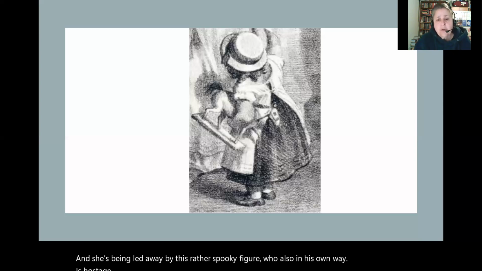And she's being led away by this rather spooky figure, who also, in his own way, is a hostage to labour relations of the time. And everything looks rather bleak in the setting. But it's a great example of looking at social attitudes and portrayals in 1821.